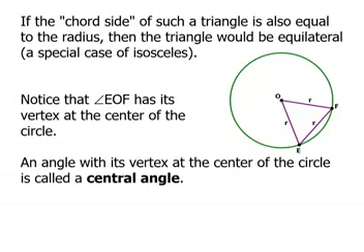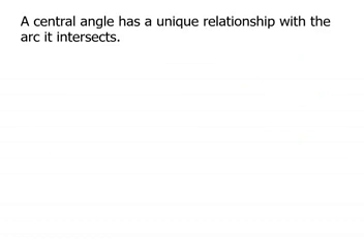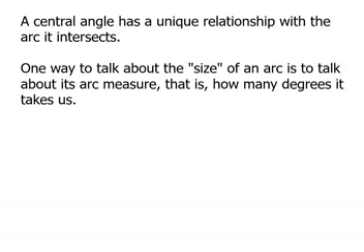Now, this is an important idea. The test is not necessarily going to make you know that term, but this is an important idea to understand, and understand how it's related to some of the other angles. A central angle has a unique relationship with the arc it intersects. One way to talk about the size of an arc is to talk about its arc measure. In other words, how many degrees it takes up.